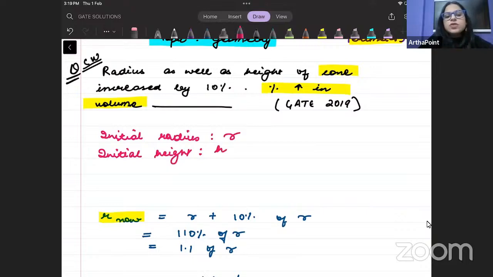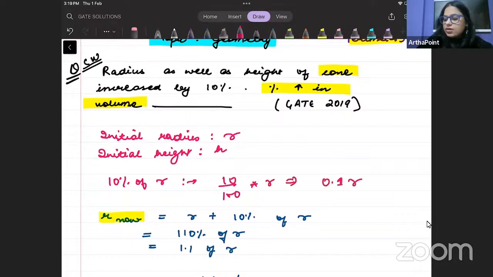Now the radius of the cone is increased by 10%. So 10% of r will be 10 by 100 into r, which is 0.1 r. So your initial radius is r and the increase in radius is 0.1 r.